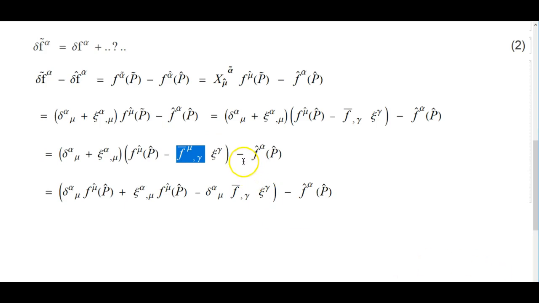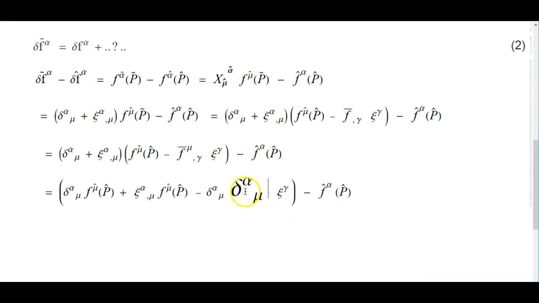Okay, the master is gone. Now let's copy it here. Okay, this is good. So delta alpha mu with f mu caret p caret, xi alpha mu with the f mu caret p caret, two terms, third term delta alpha mu with this guy, and the fourth term is second order. Xi alpha mu with this multiplied by xi gamma is the second order term that we drop.